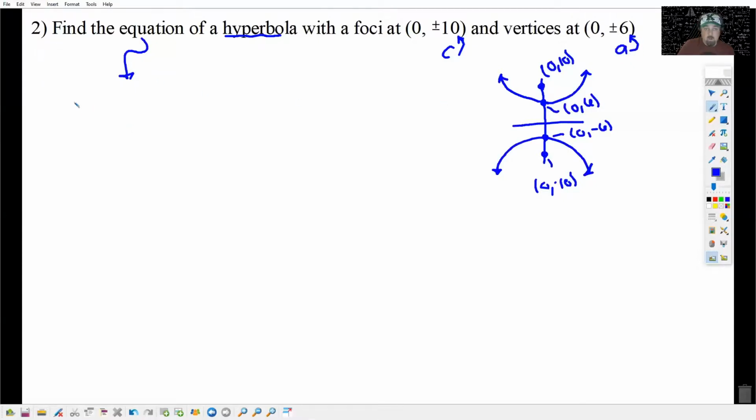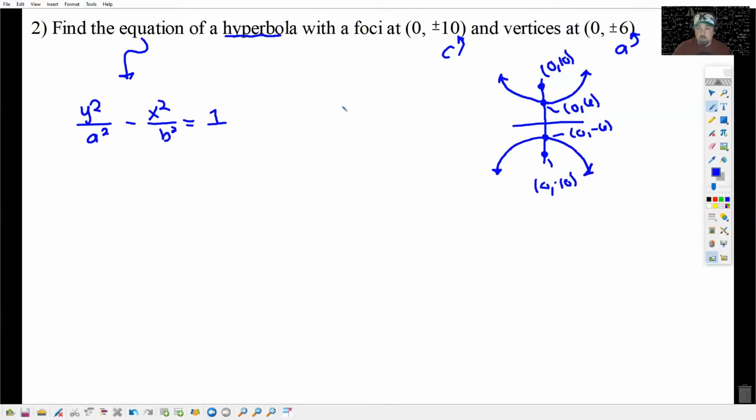Let's write down what we know about the equation so far. It has to be y squared over a squared minus x squared over b squared, equal to 1. Now we have a c and an a.